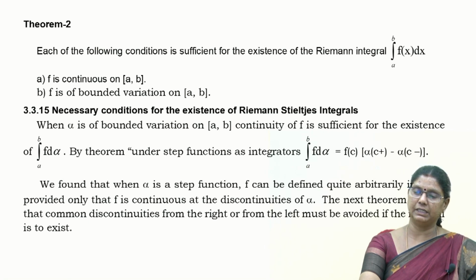Then by a theorem under step function, the integral a to b f d alpha can be expressed as f of c into the difference of the right and the left hand limits at c. We found that when alpha is a step function, then f can be defined quite arbitrarily in the closed interval [a, b], provided only that f is continuous at the discontinuities of alpha.